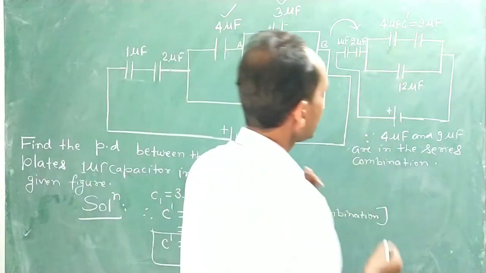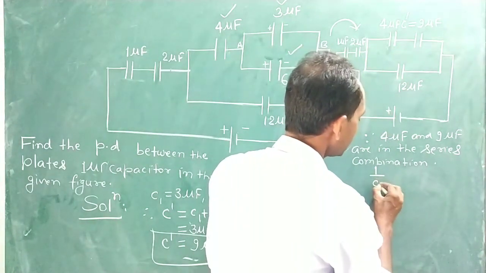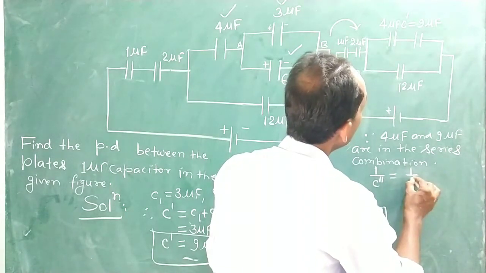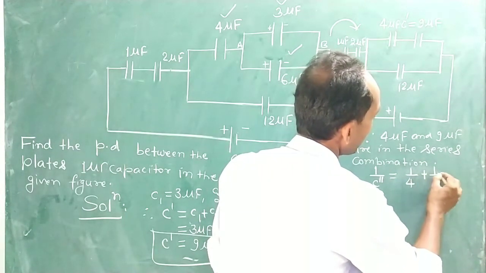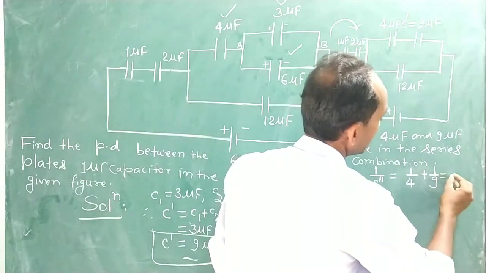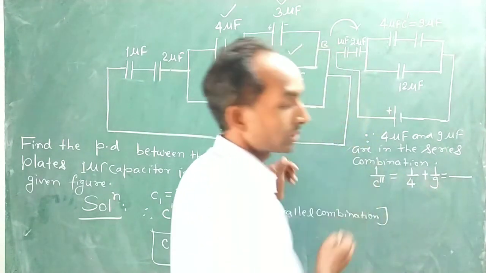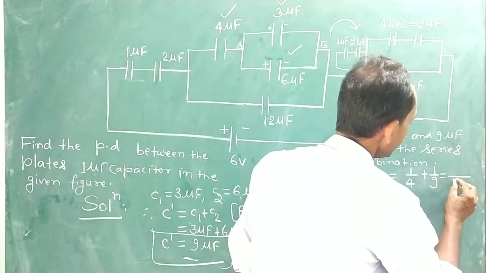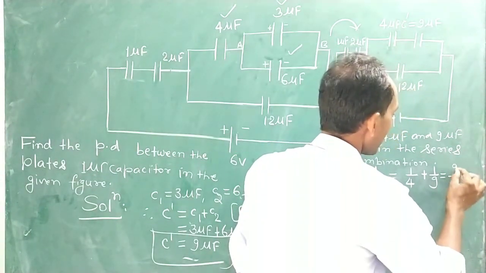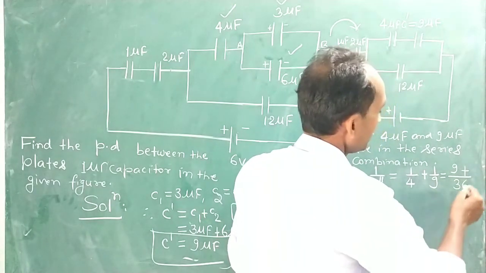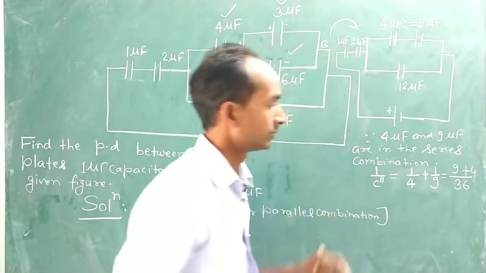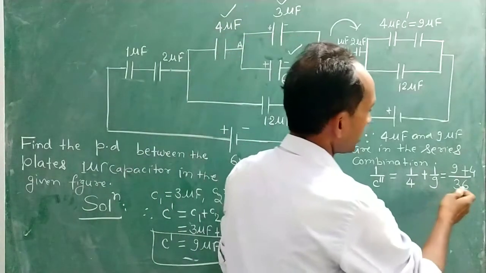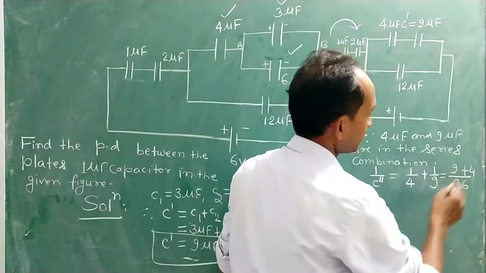Therefore its equivalent will be 1 upon C double dash equal to 1 upon 4 plus 1 upon 9. Now the LCM of 4 and 9 is 36, so 9 plus 4 is 13.